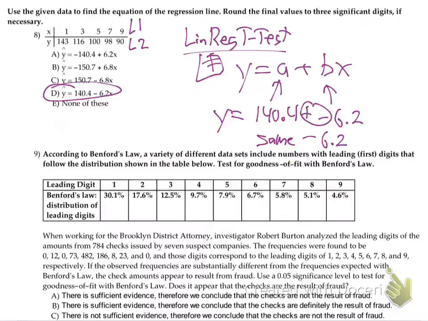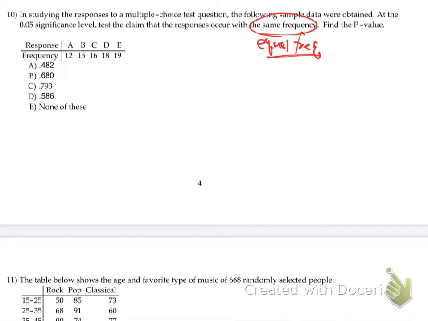So if we go back to the problem, we go, okay, goodness of fit. So now equal, what do you do for equal? They're saying make all those equal. So remember, it's just like the babies being born problem, right? Same number of babies every day. We're saying same frequency for all those. It's a bunch of people who took multiple choice tests. And they're saying, hey, did they have the same number of A answers as B, as C, as D, as E? Are they all the same? Well, clearly not. But are they close? That's kind of what we're answering.